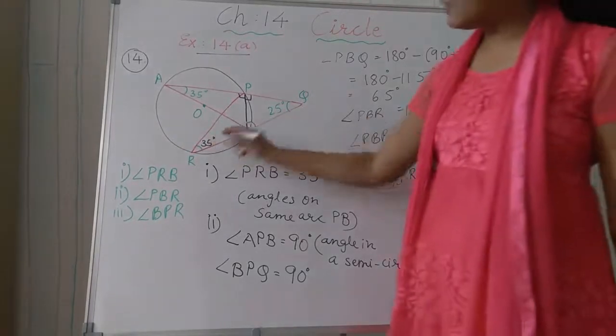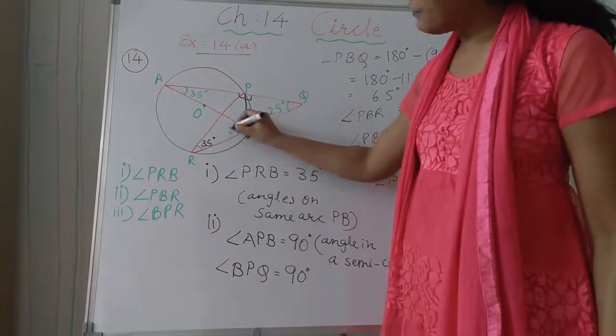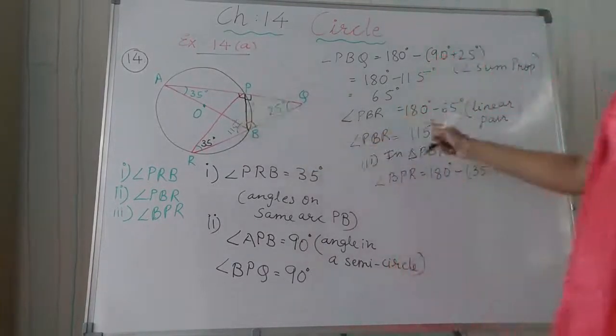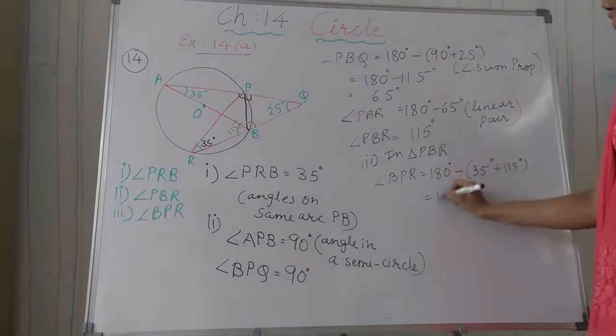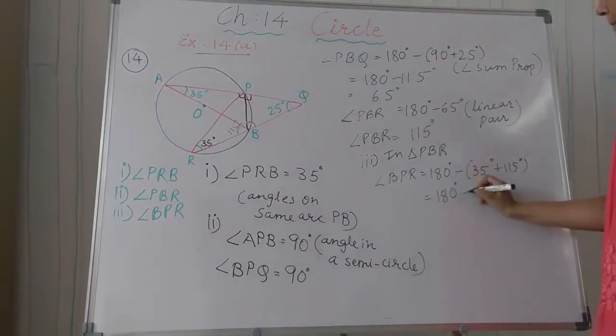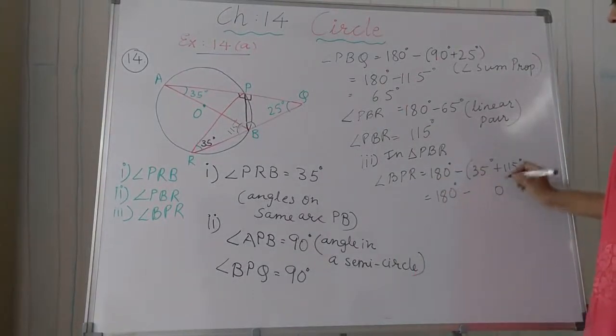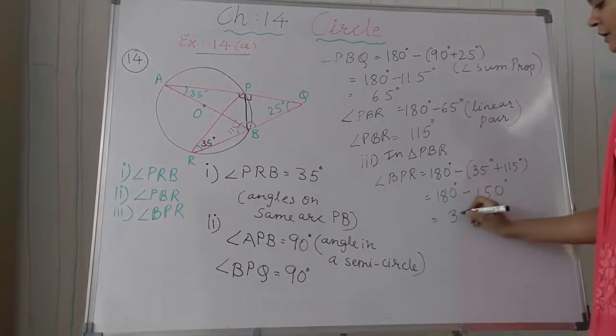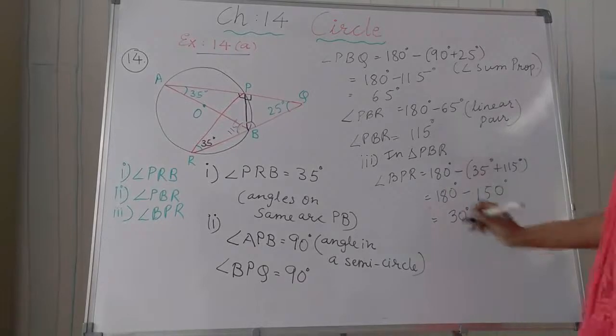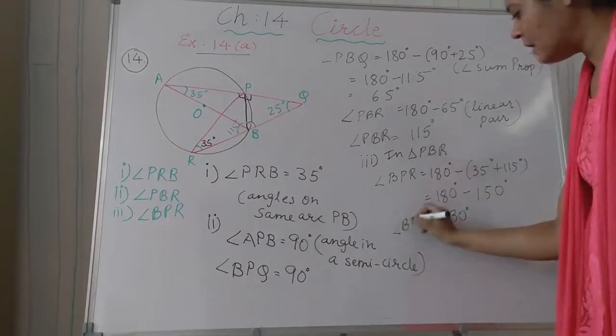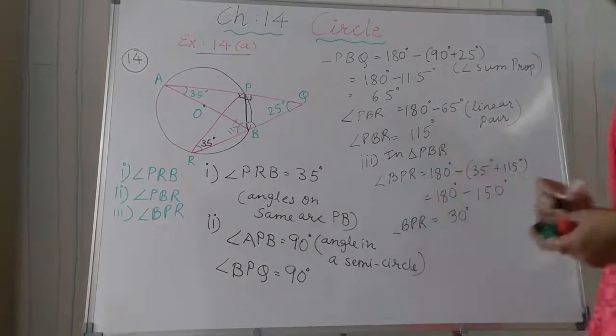This is 35 degree and this is 115 degree. We already found above. So now 180 degree minus this is 150 degree. So we get the third angle as 30 degree. So angle BPR is 30 degree.